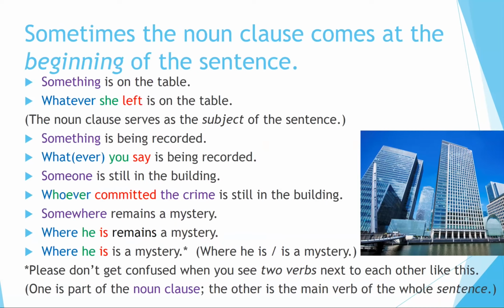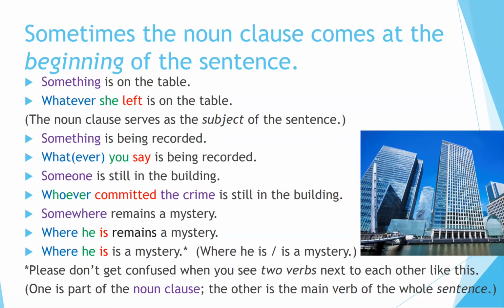Sometimes the noun clause comes at the beginning of the sentence. For example, something is on the table. Whatever she left is on the table. Again, we follow the pattern. Extra word, subject, verb. Whatever she left is on the table.